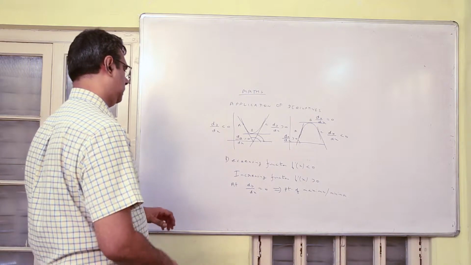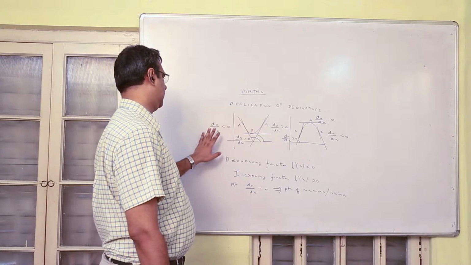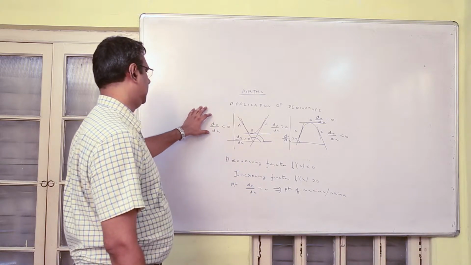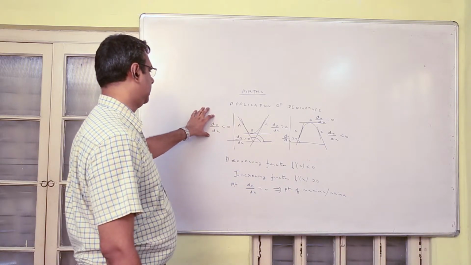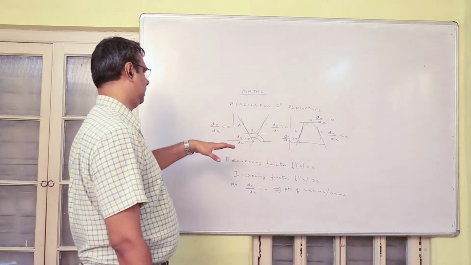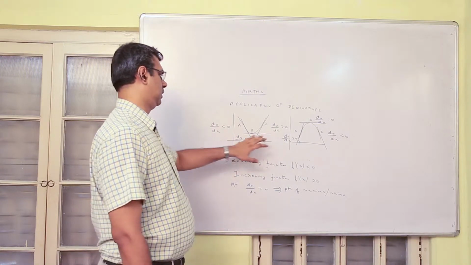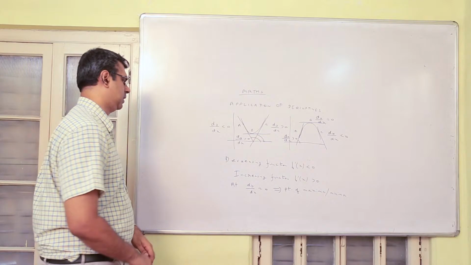Now you will notice one thing, that in this graph the derivative is changing from negative to 0 to positive. So the derivative is increasing. From negative it went to 0, from 0 it went to positive. So the derivative is increasing.